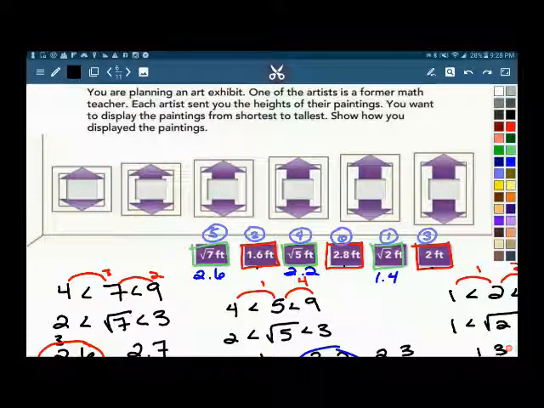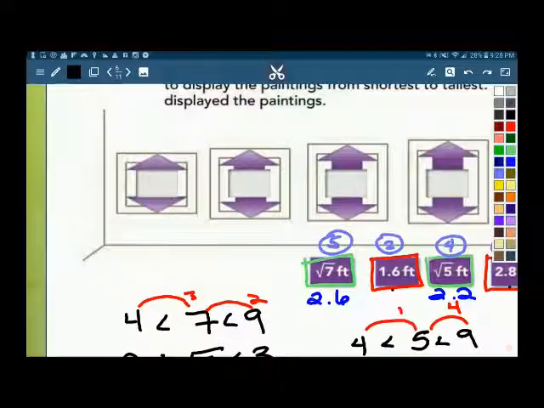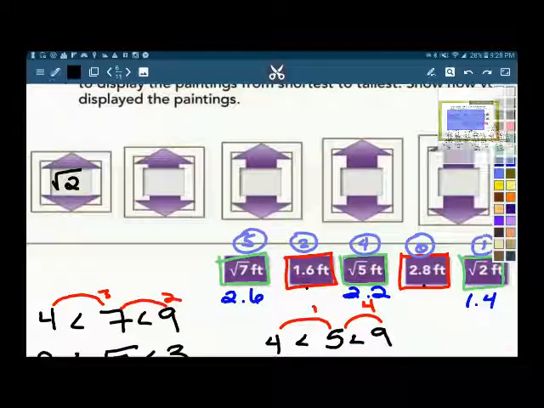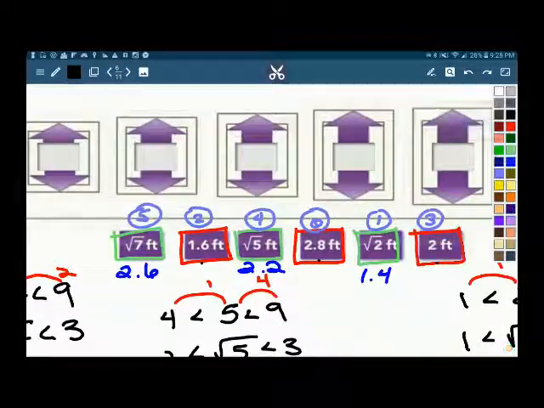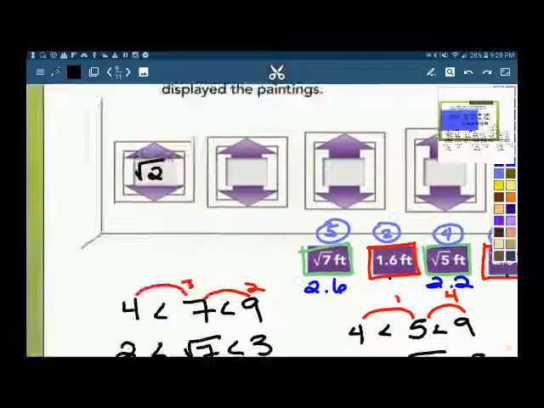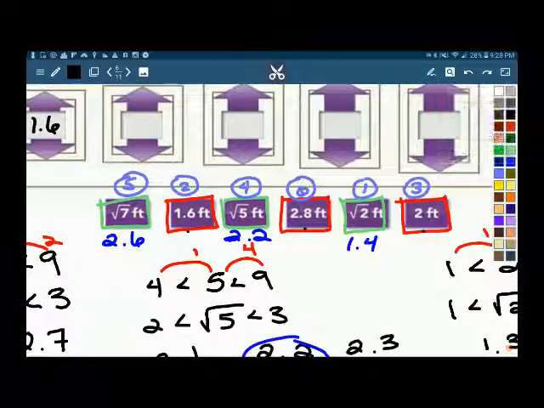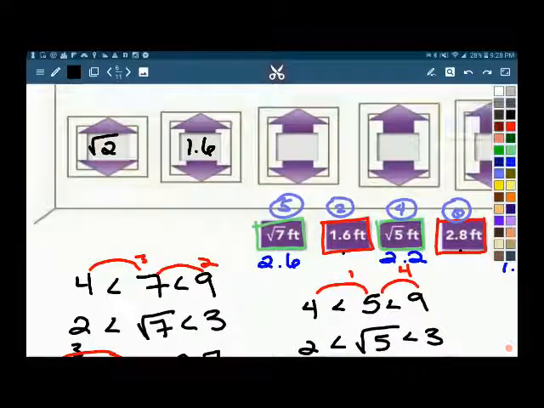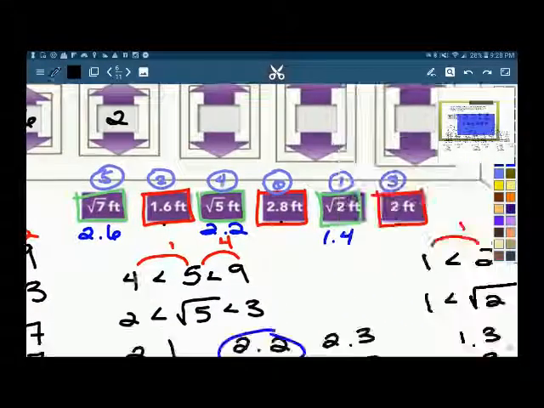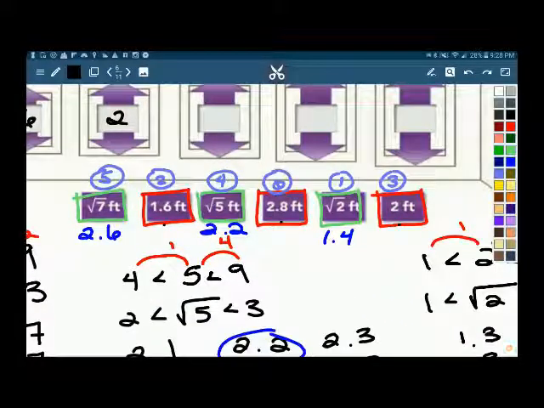So the first number we said was square root of 2. So I'm going to write square root 2 as the first number in the list. The second number was 1.6, and that was originally written as a decimal, so I'm going to write that as 1.6. Third number was just 2. Fourth number was square root of 5.